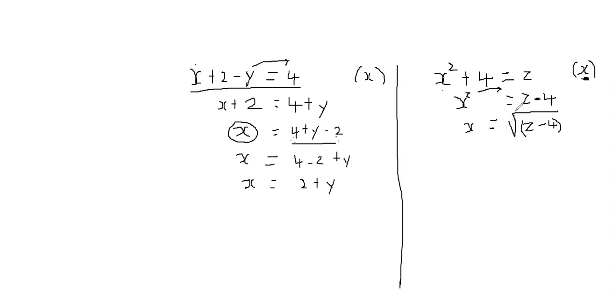So you square root everything that was on the other side, which is z minus 4. So x is by itself now, in other words, x is the subject. So x is equal to the square root of z minus 4.